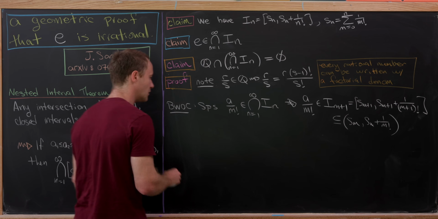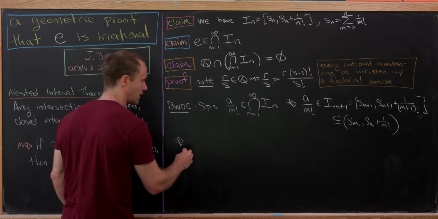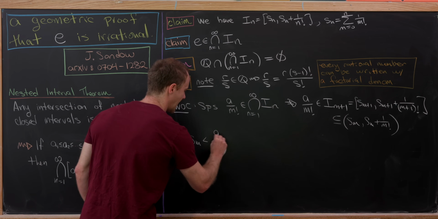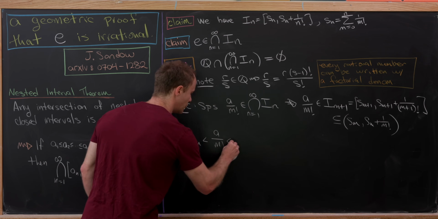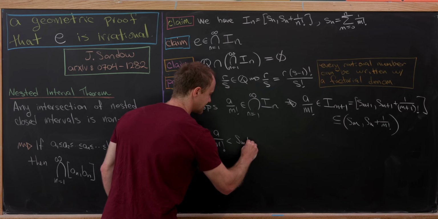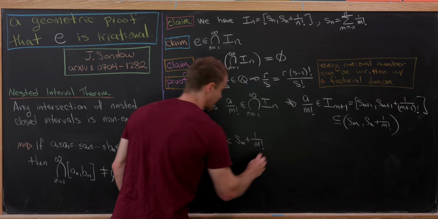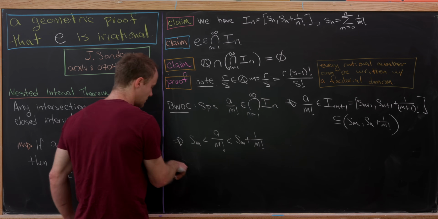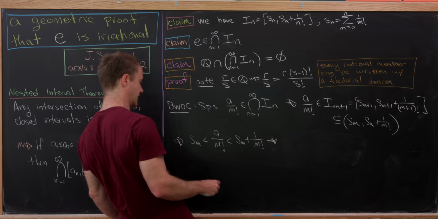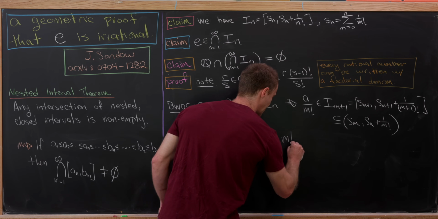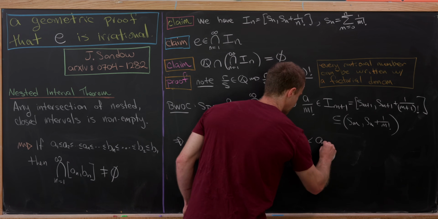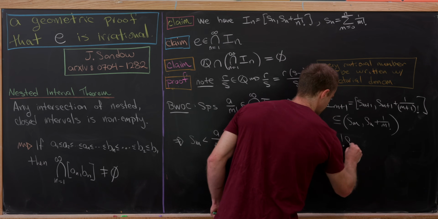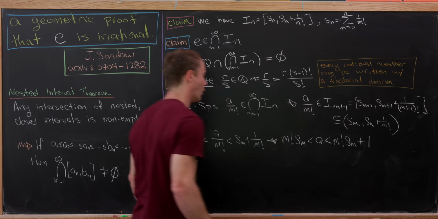Great. So pushing that into an inequality, we see that S sub m is strictly less than a over m factorial, which in turn is strictly less than S sub m plus 1 over m factorial. And then multiplying through, clearing the denominators, we see that m factorial times S sub m is strictly less than a, which in turn is strictly less than m factorial times S sub m plus 1.